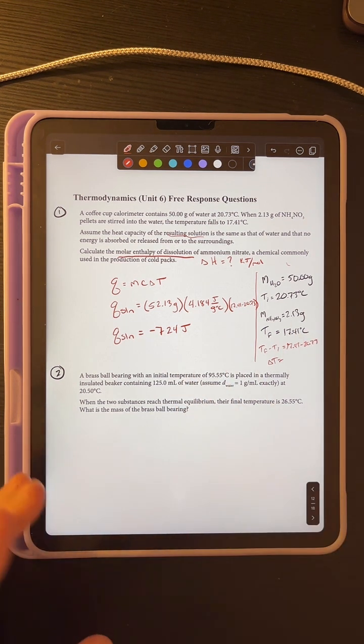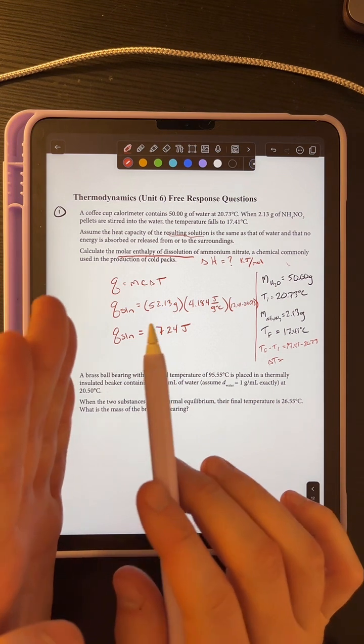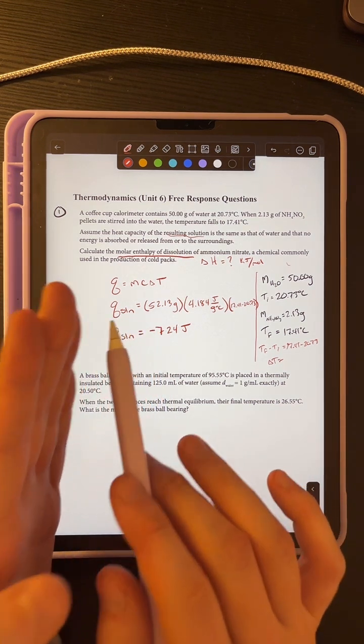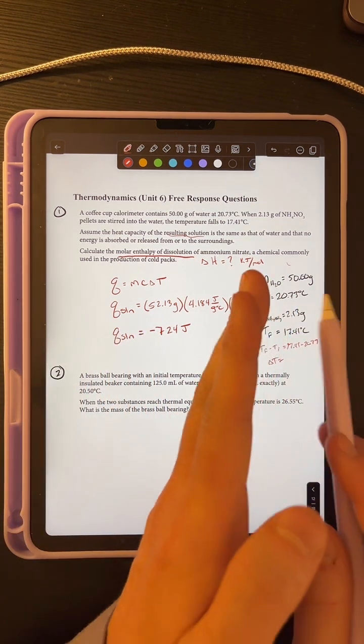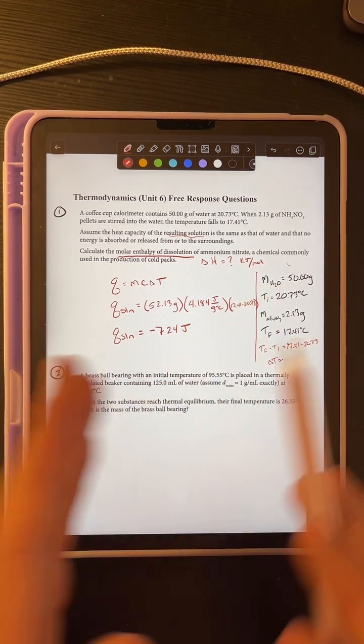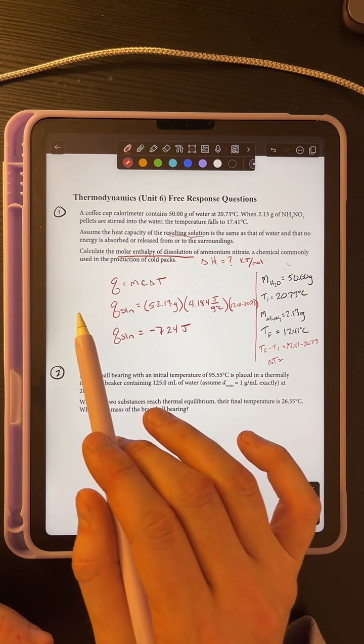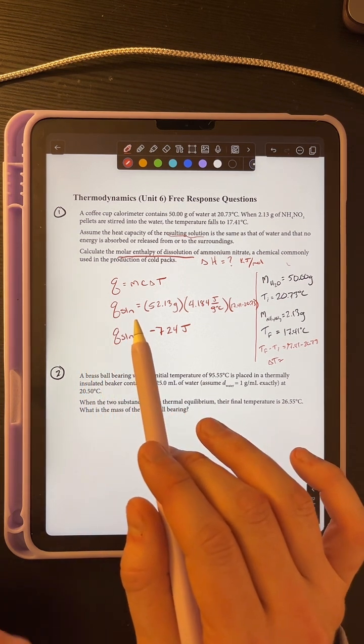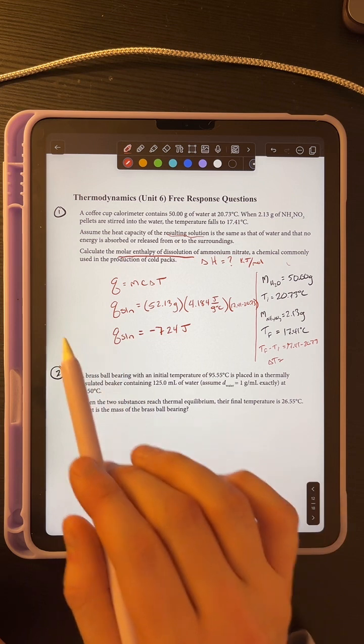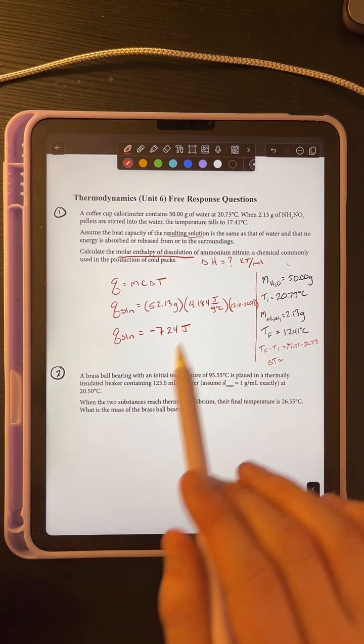You'll just want to make sure, and we'll go over a problem in a little bit, that everything like Q equals mc delta T for one stays the same, Q equals mc delta T for the other. So you don't want to use the mass of water, specific heat of your metal, and then the change in temperature of your metal. You want to keep everything metal on one side, everything water on the other.